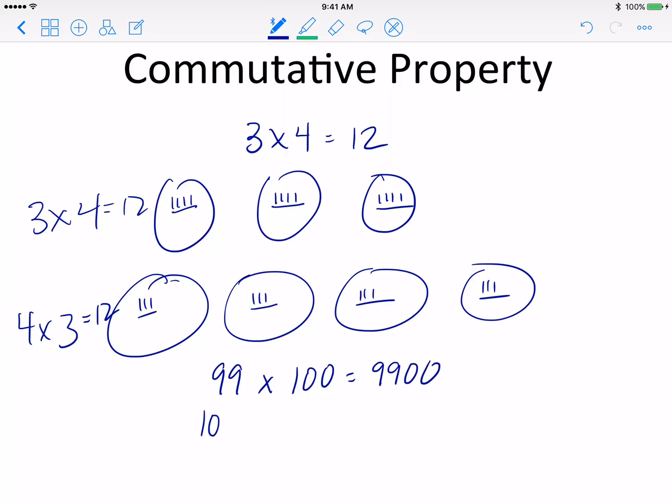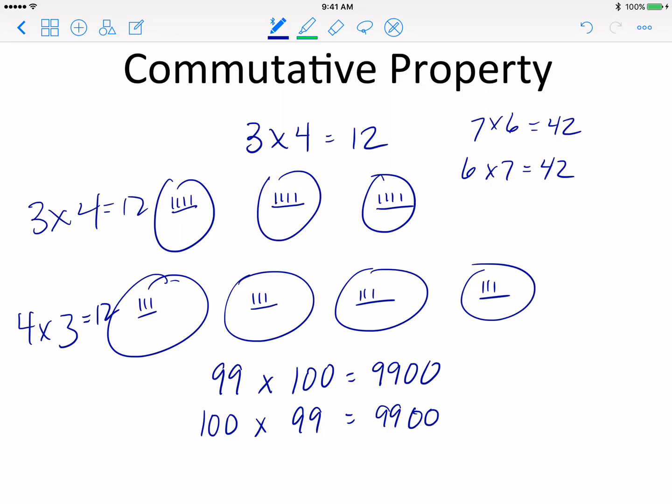It's going to be the same as 100 times 99. Okay? Same idea. It doesn't matter. If we have 7 times 6, we know that 6 times 7 equals 42. That's the commutative property of multiplication.